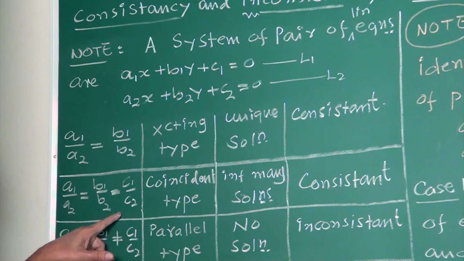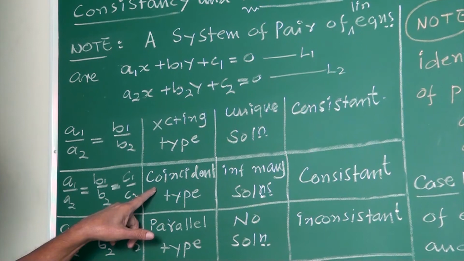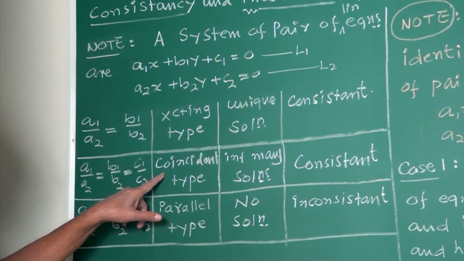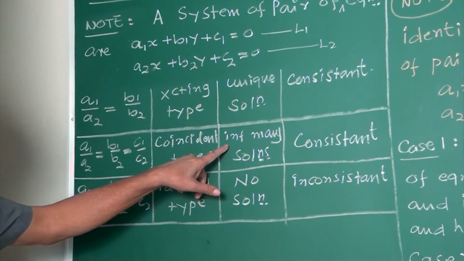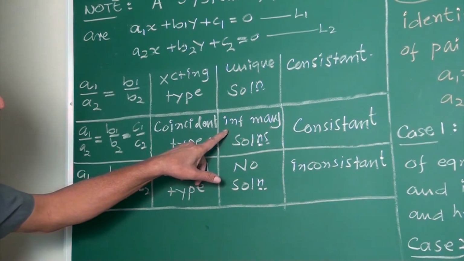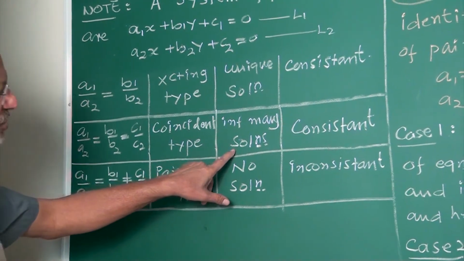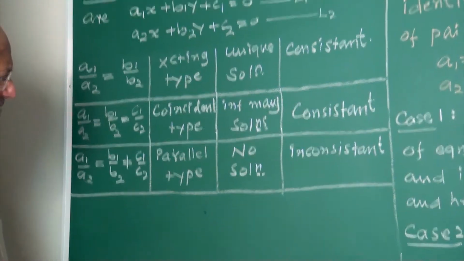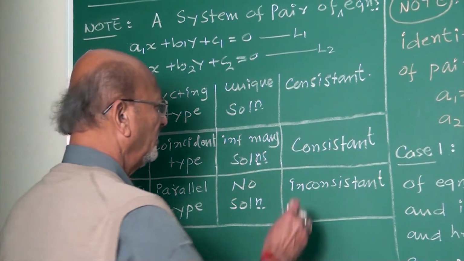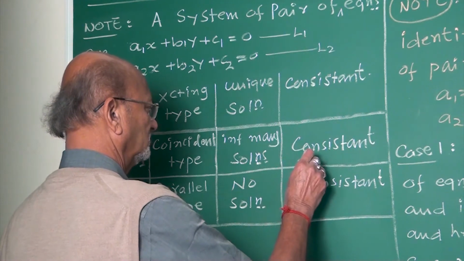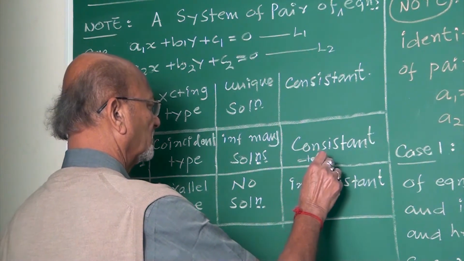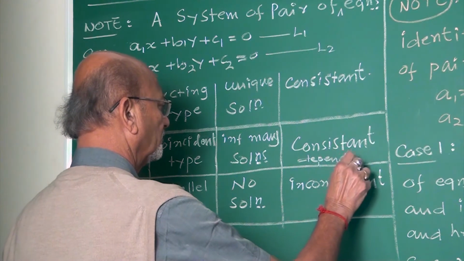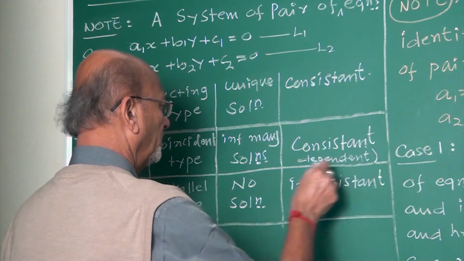If all the three are equal, then the pair of lines are coincident. Coincident means there exist infinitely many solutions. But as a solution exists, the system is consistent. It is a dependent type. One equation depends on the other equation.